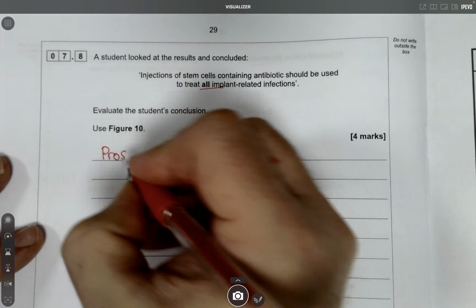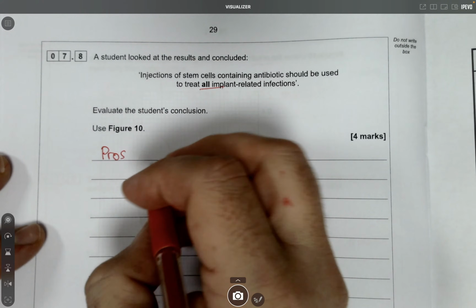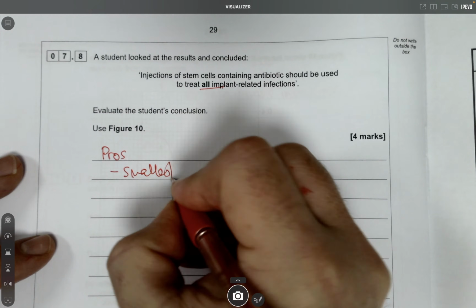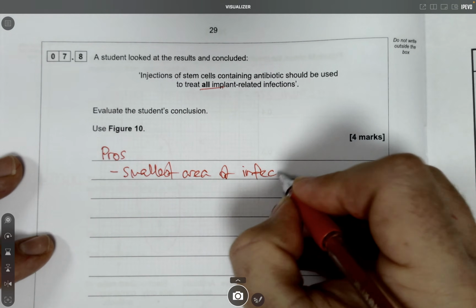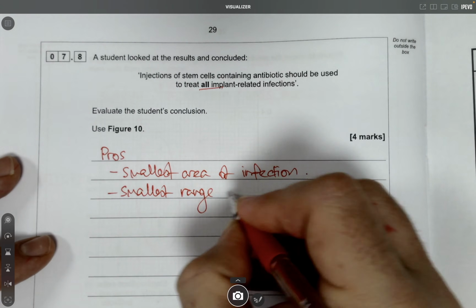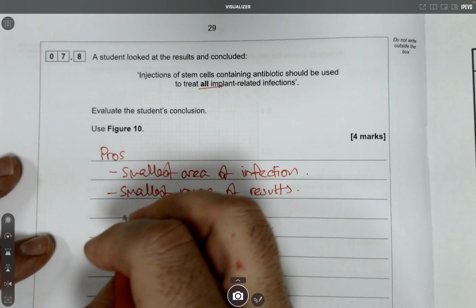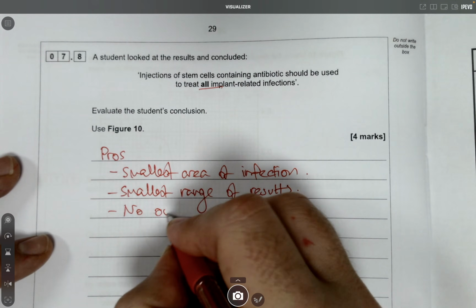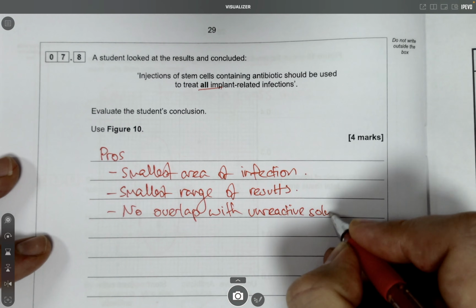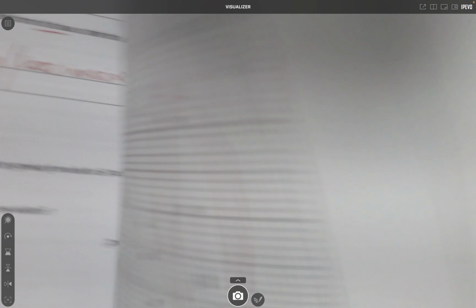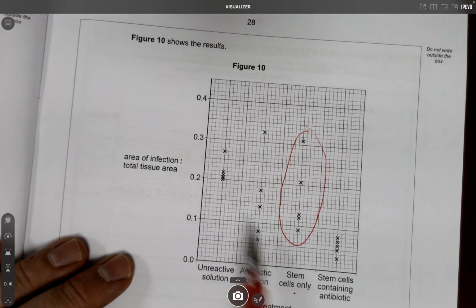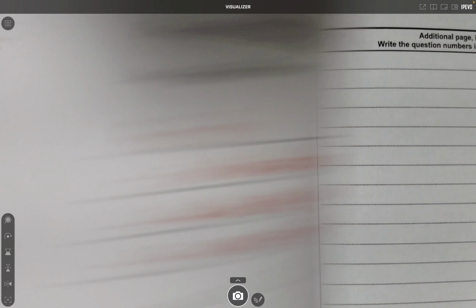So for me, the pros are that the stem cells had the smallest area of infection. They had the smallest range of results. And there was no overlap with the unreactive solution. So if we go back to here, there's no overlap with the unreactive solution at all for the stem cells containing the antibiotic.